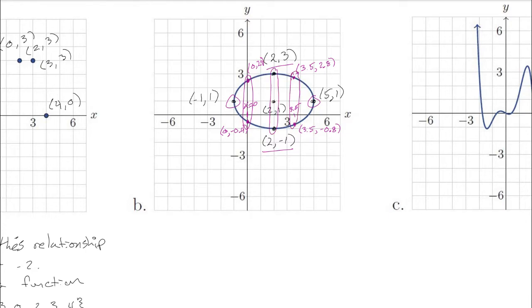And so even though I only showed these three examples, really I could have picked any x value between negative 1 and 5 and shown that it has two different outputs.